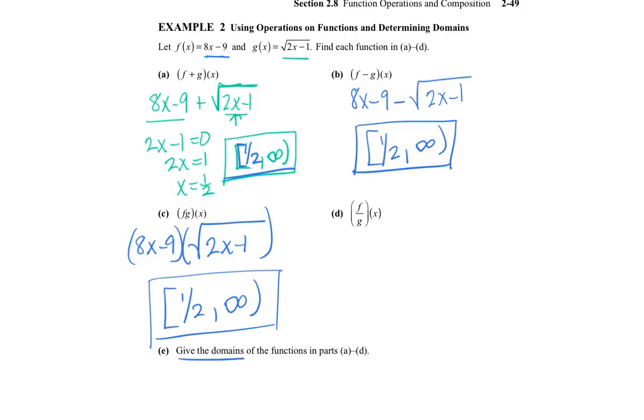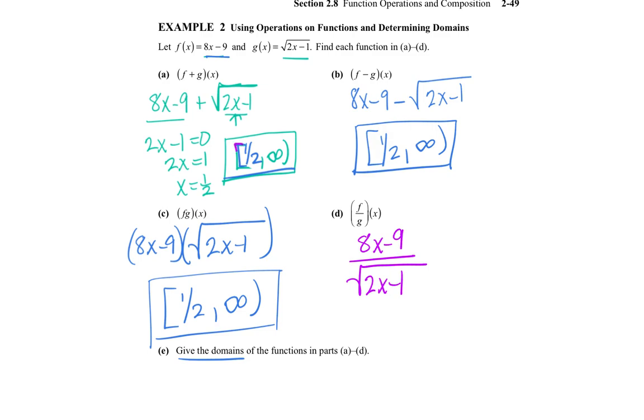And then to divide, so now we're going to divide them. So now I have 8x minus 9 divided by the square root of 2x minus 1. Now, if 2x minus 1 is equal to 0, we find out that x is 1/2.